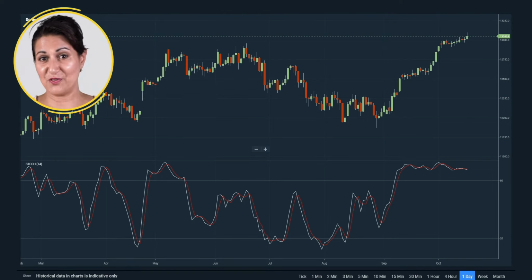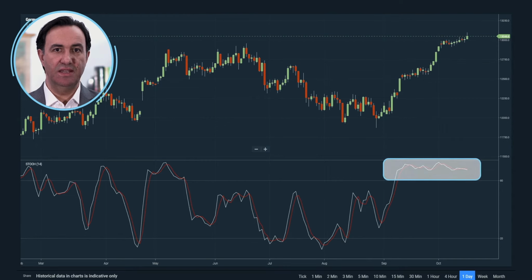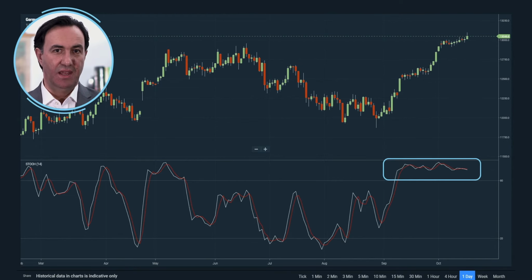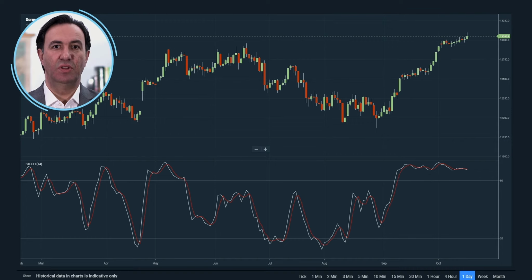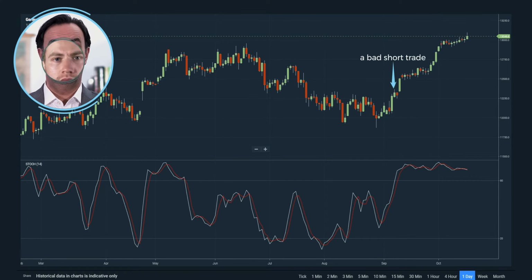Right, so an overbought security can be bullish too. If we look back at the last month, we can see the stochastics indicator has consistently been above 80. As a trader, I would have lost money shorting here when percentage K or percentage D first became overbought.